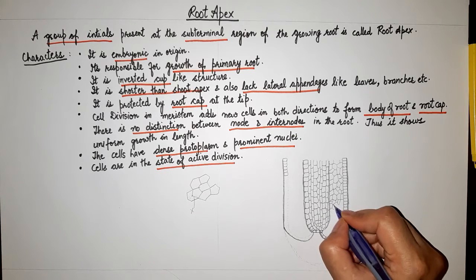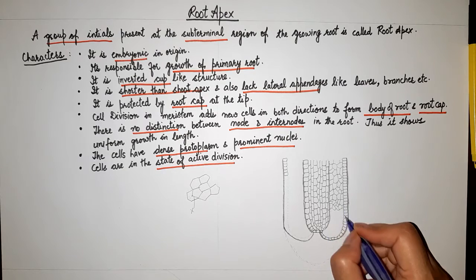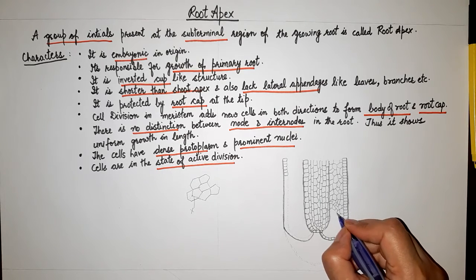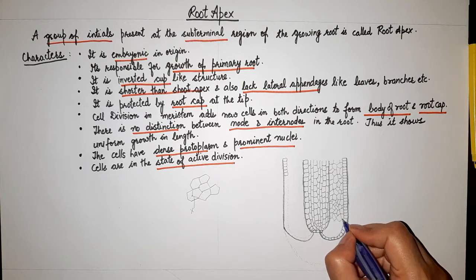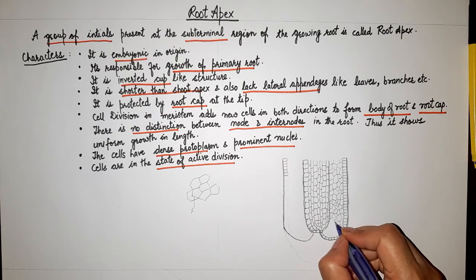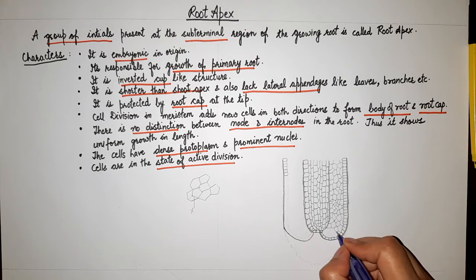For mixing, you can have few 4-sided cells, 5 hexagonal. Okay, there may be size variation. Same kind of cells you will draw on other side as well.